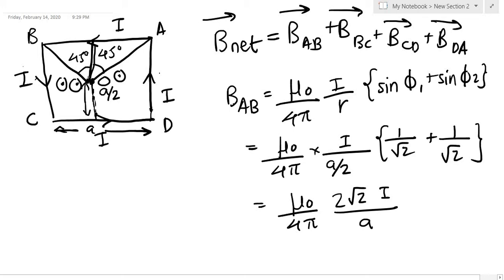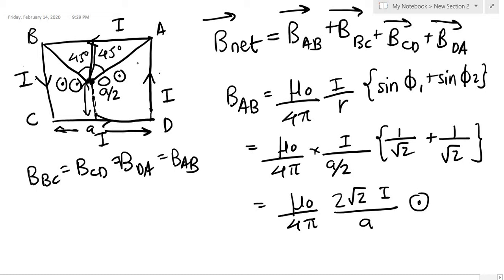Now the magnitude, it so turns out, of the magnetic field due to BC is the same as BA, the magnitude I'm talking about. The magnitude is same, but let's check for the direction. So BBC is equal to BCD is equal to BDA is equal to BAB.